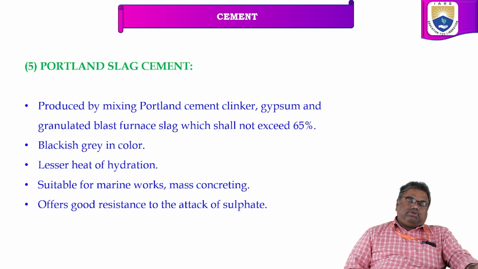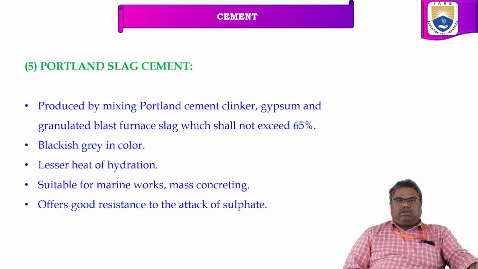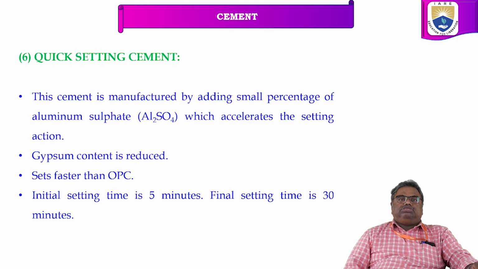If you want to build a very big dam, we can use this Portland slag cement. It also offers very good resistance to attack by sulfate. So this is Portland slag cement.